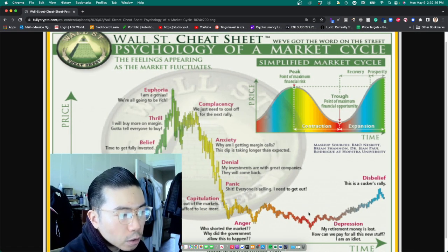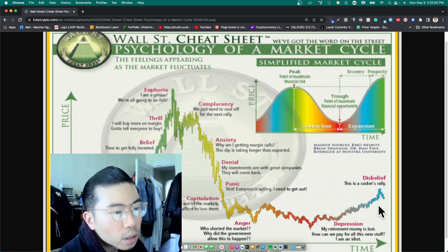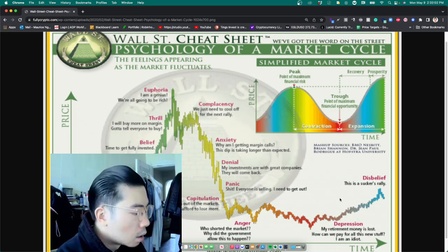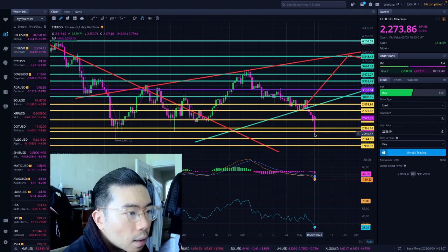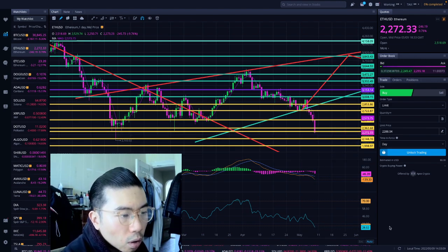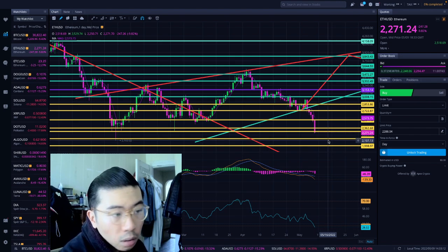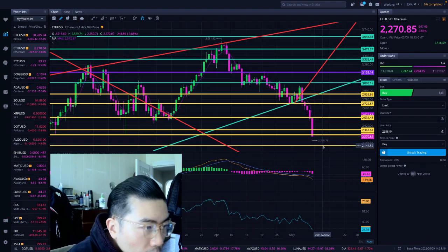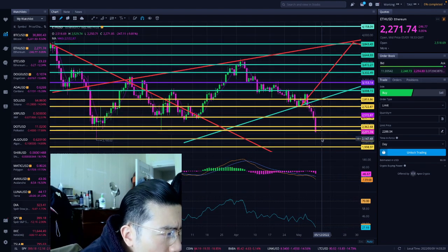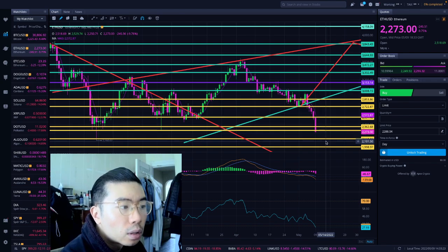Which makes sense, right? If you look at my needle on my mouse, this might be 2250, and then subsequently go all the way down to this really submerged level of depression before rebounding back up to the disbelief stage. Let's see where that could be. If we break the current level further down, which I don't think we will, we could potentially do so because of crypto, especially when there's a liquidation event happening. We could go down further to around 2150 as a first level.